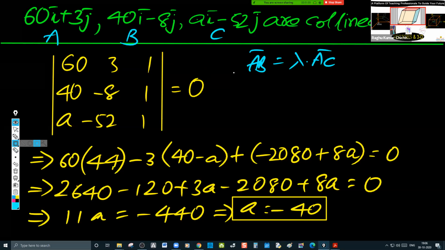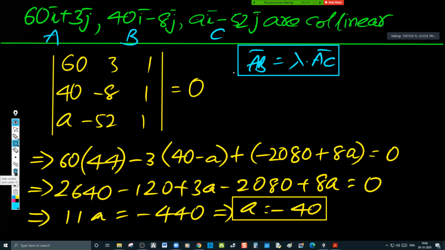This is another method, and because this determinant method is easy, we have taken it up. I'm proceeding to the next problem, please. I hope you understand this. Yes, sir. Understood.